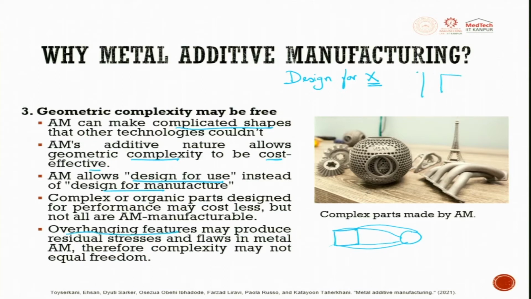So you have an object, this is an overhanging feature. Suppose this overhanging feature is 10 times X than this, and if it is heavier, then this will topple. So you need to have support. Such overhanging structures, if you want to build, may produce residual stresses and flaws in metal additive manufacturing. Therefore, complexity may not equal freedom.